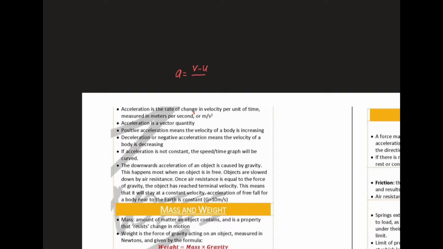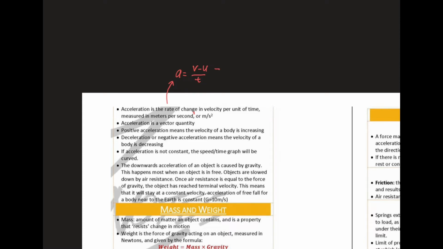Okay, so when you look at the formula together with the definition, it should be easier to understand. Change in velocity is V minus U, where V is the final velocity and U is the initial velocity. When I have rate here, that means how fast the change in velocity happened.